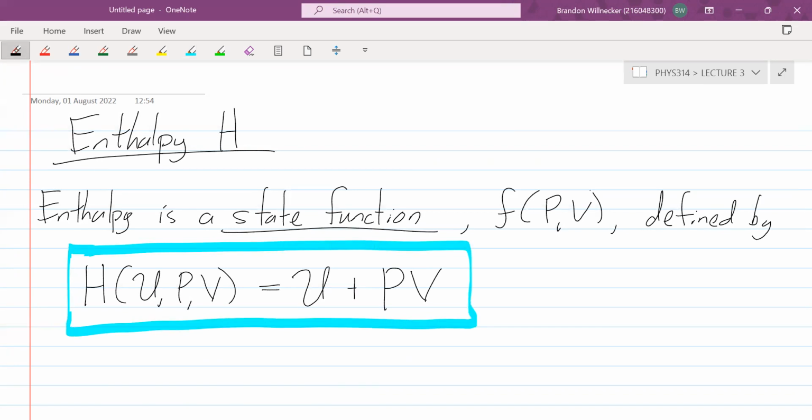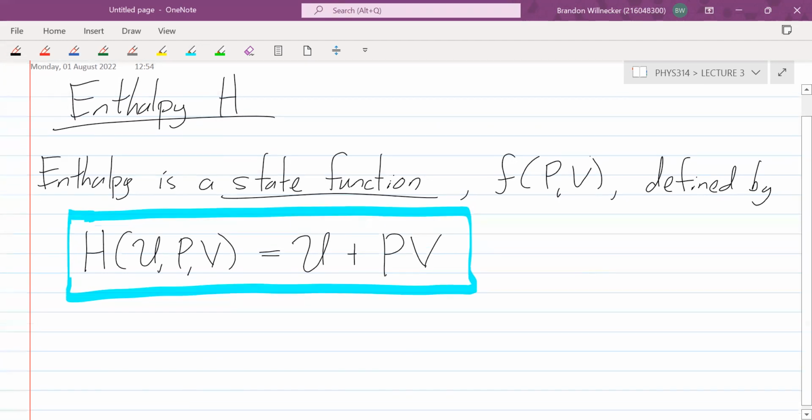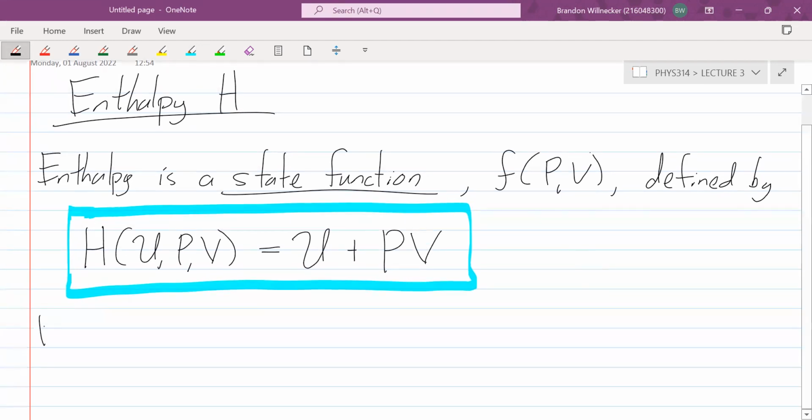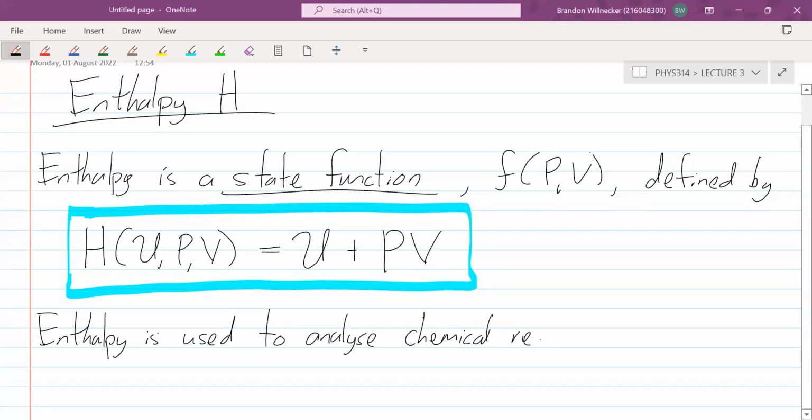Okay, so what do we use enthalpy for? So enthalpy is used to analyze chemical reactions. Okay, so that's some kind of thermodynamic process.